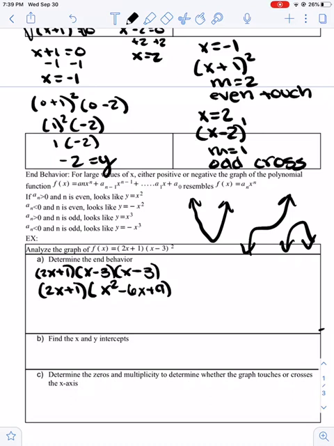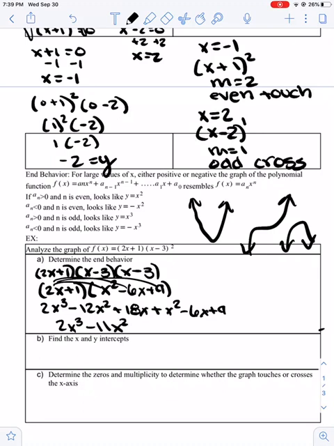This is called a perfect square. Next, I'm going to distribute that 2x plus 1. So that is 2x cubed minus 12x squared plus 18x plus x squared minus 6x plus 9. Now combine your like terms. So 2x cubed minus 11x squared plus 12x plus 9.